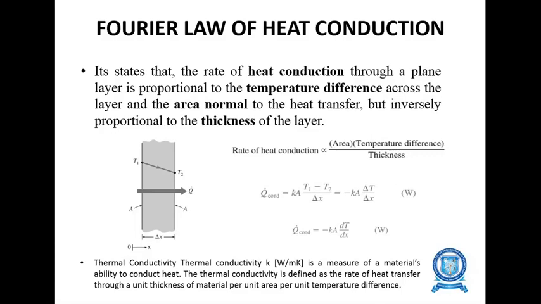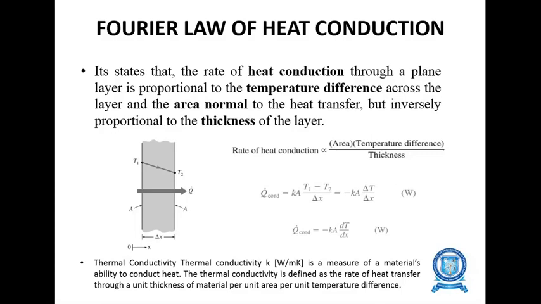Mathematically, the rate of heat conduction Q is directly proportional to the area and temperature difference, and inversely proportional to the thickness of the layer. That has been shown mathematically. Instead of the proportionality, we have to add a constant.